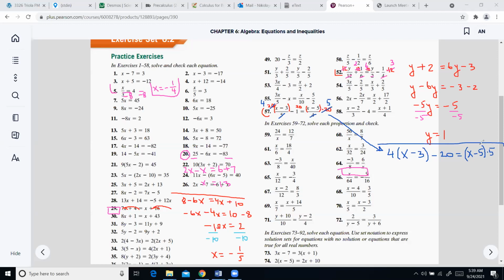Well, the reason I have to use parentheses is because this 4 must be multiplied by the whole thing, by x and by minus 3. So I have to distribute that 4 over the entire numerator. And that's why when numerators have differences or sums, we must use parentheses.